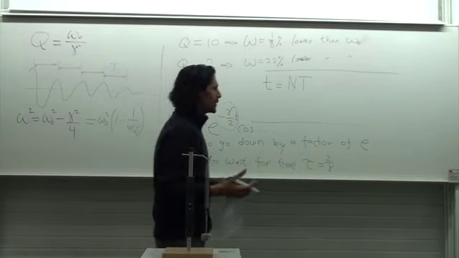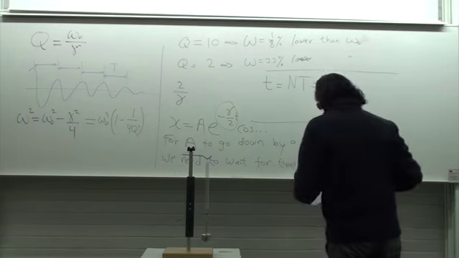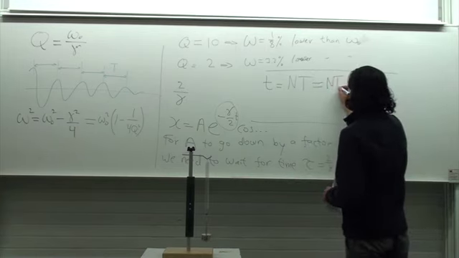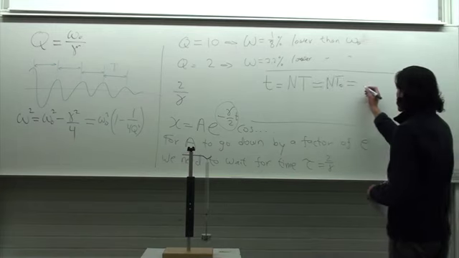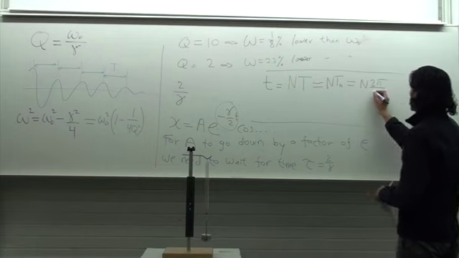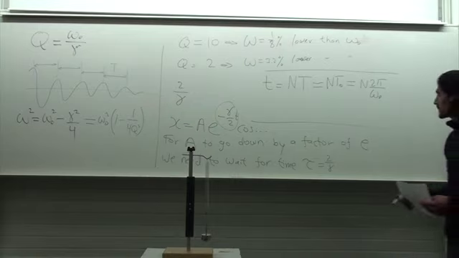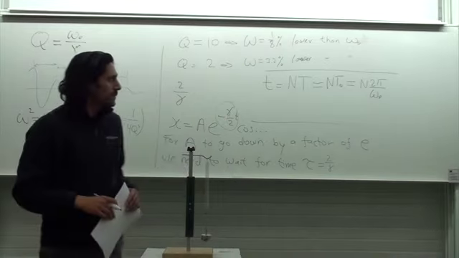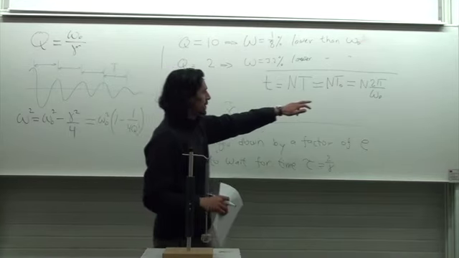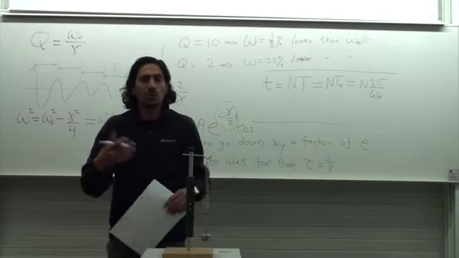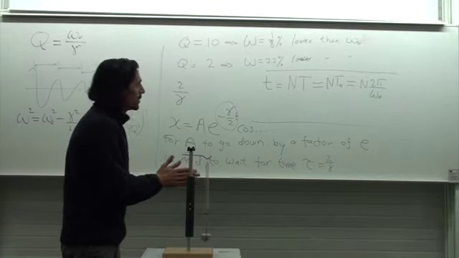And the period of the system is almost like the period without damping, so we can write n times T0, and that is n times 2 pi over omega 0. So if you know omega 0, you can calculate the number of oscillations required to have a certain reduction in the amplitude.